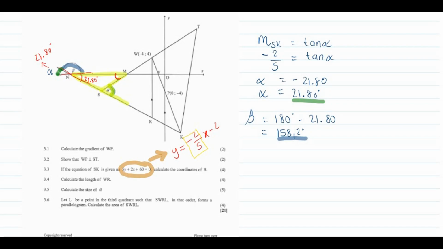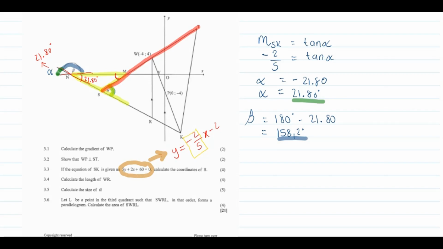And how can we calculate the angle M? How can we calculate that angle? I'm going to highlight this line here. Angle M is on our line ST. And then what do we know about an inclination of a line? If you have a line, the angle that is created by the line and the x-axis is the inclination angle.